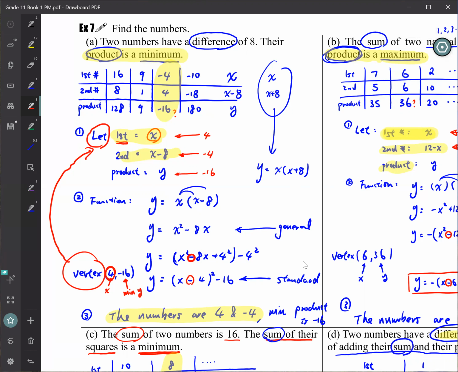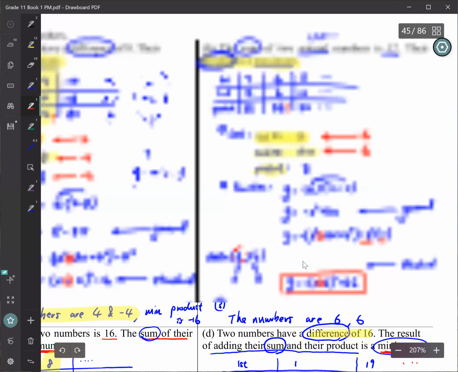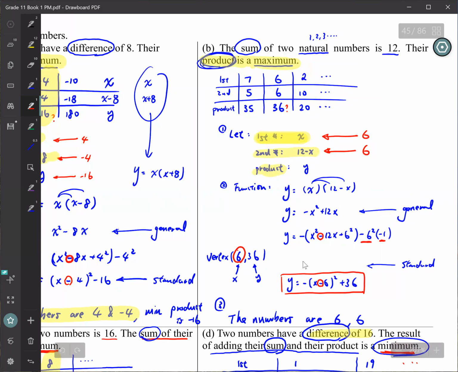And once you've got the first number, then you know how to get the second number. So you always go back using the vertex x. Like question B over here, you got 6, right? Then use the 6 and go back, and the first number is 6, the second number is 12 minus 6.